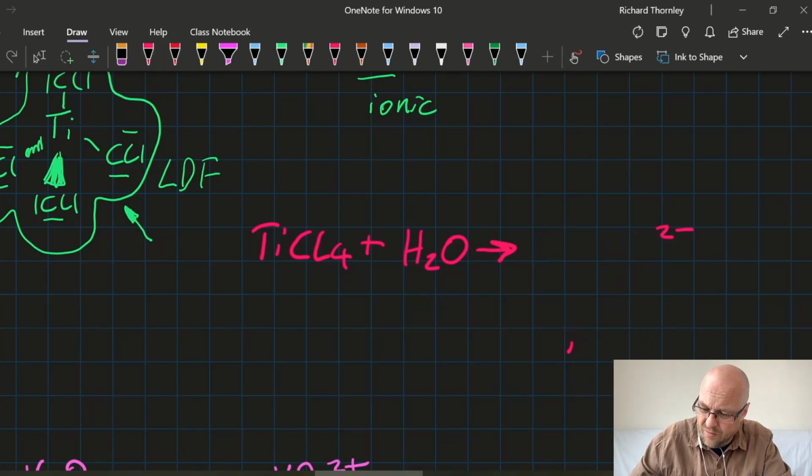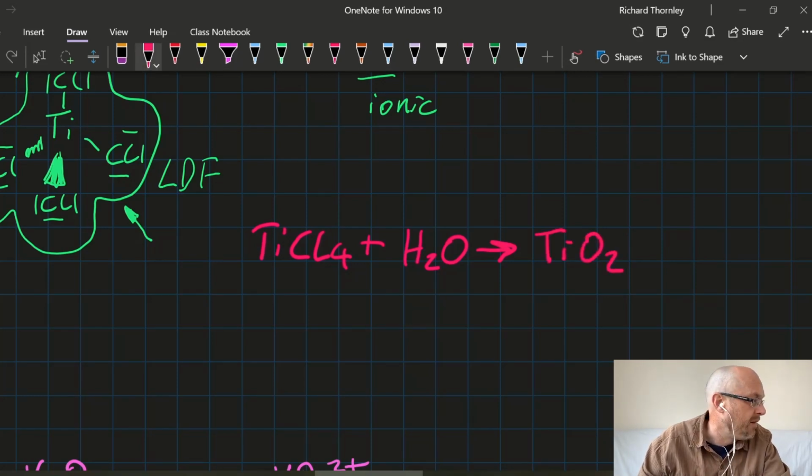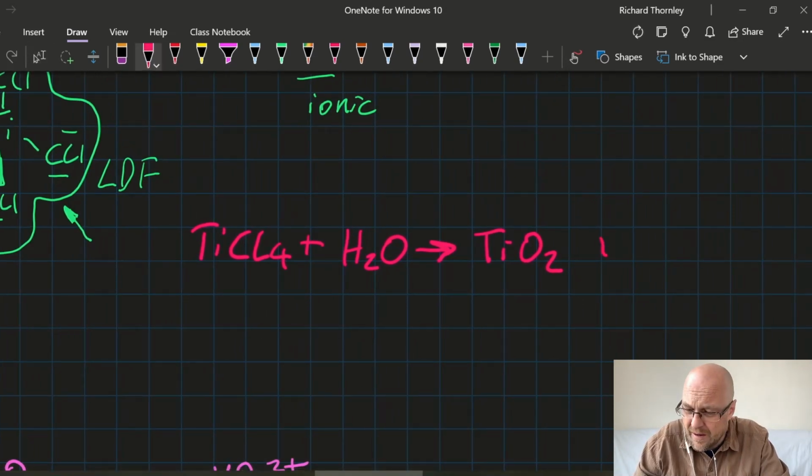Okay, titanium 4 oxide, TiO2. Oh, well, there must be another thing that's made, because that hydrogen can't just be hanging out there. So I've accounted for the titanium and I've accounted for the oxygen. I haven't accounted for the hydrogen or the chlorine. So I suppose that makes HCl.